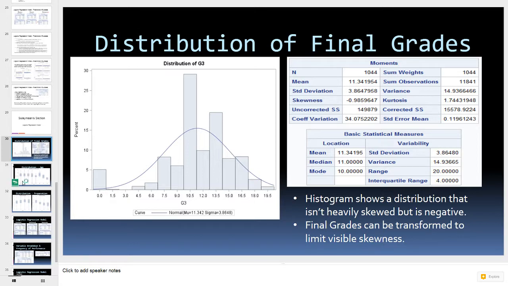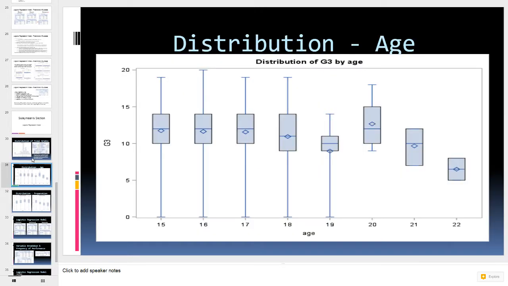Next slide. I just wanted to get a look at the distribution of age in terms of the final grade. It seemed like it was a lot more spread out for the younger students. Interestingly, the age range is from 15 to 22, so you can't really decide if this is high school or college.